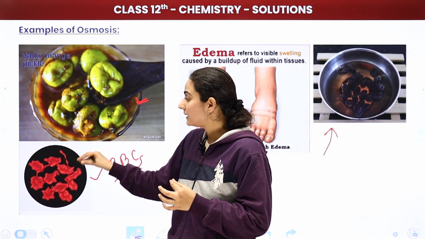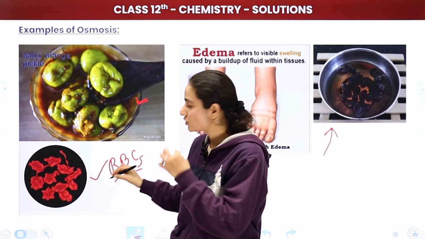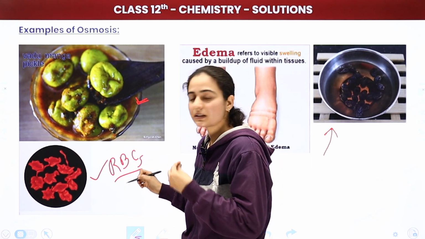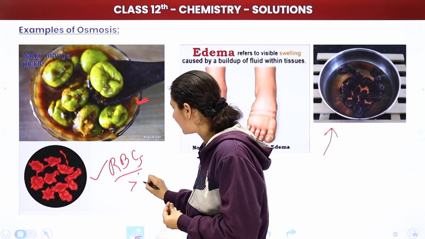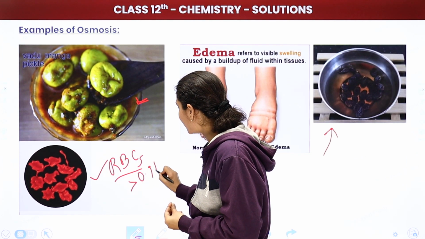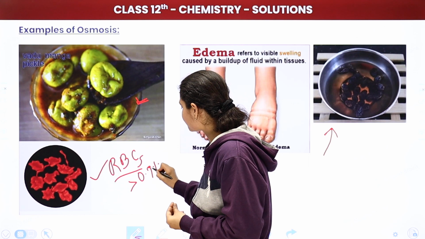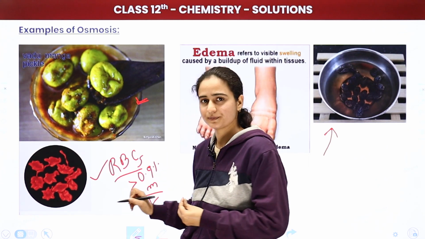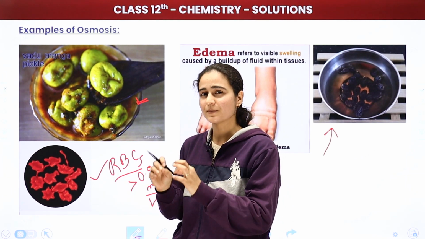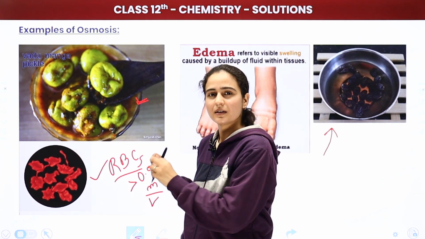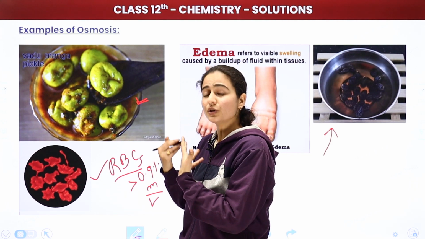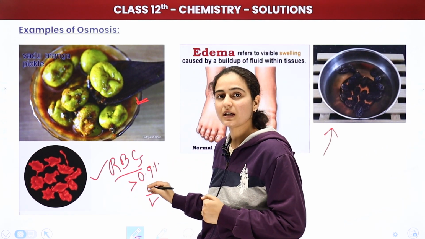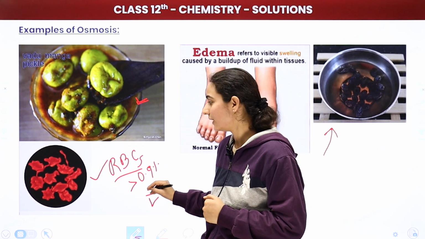And we put these red blood cells. So basically the salt concentration in our container should be greater than 0.9% mass by volume, right? 0.9 grams of salt present in some amount of water. So that becomes 0.9% m by v, mass by volume.